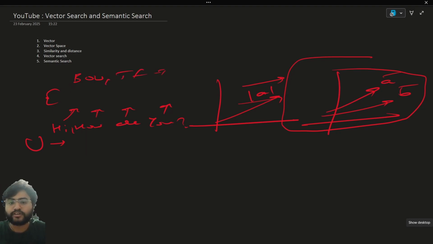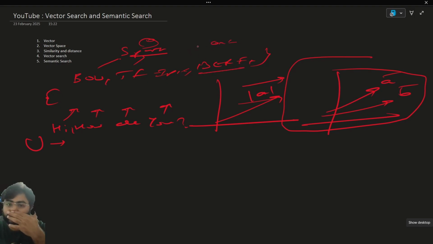There is TF-IDF. Another way is you can consider BERT models. Basically the first ones create a sparse vector, which means most of the time the vector will have zeros. BERT models create a dense vector, because most of the context will be converted into a lot of different values rather than having zeros most of the time.